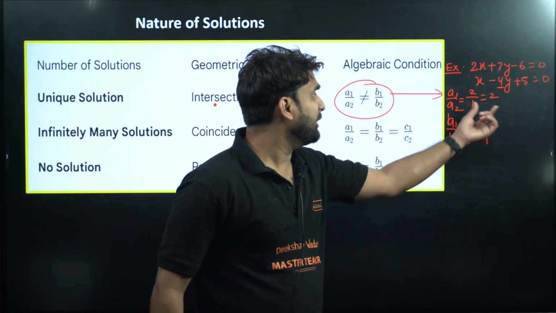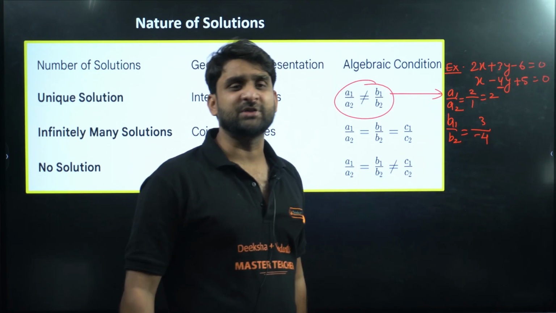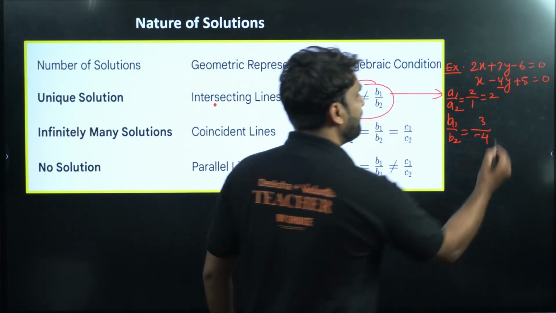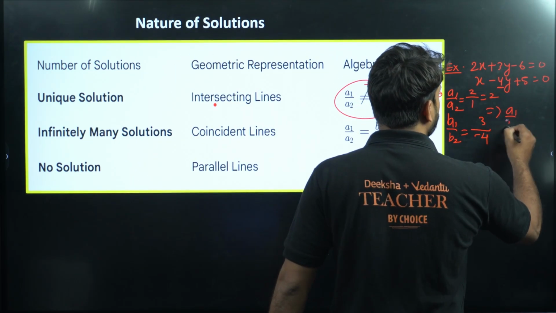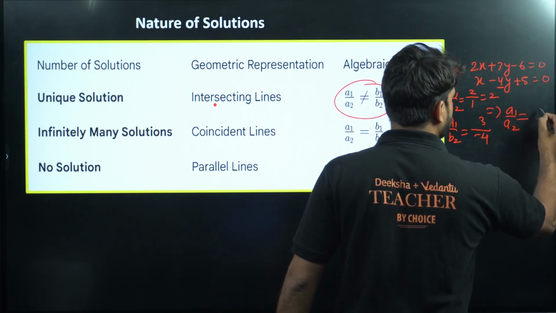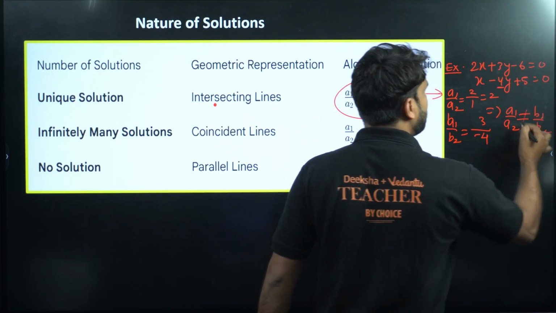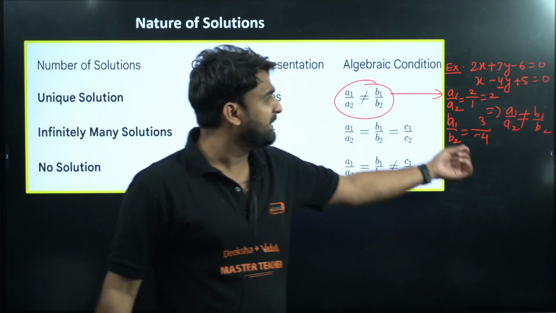If a1 by a2 is 2 and b1 by b2 is 3 by minus 4, we don't need to find out c1 by c2, because we have got this. a1 by a2 is not equal to b1 by b2, because a1 by a2 is 2 and b1 by b2 is minus 3 by 4.